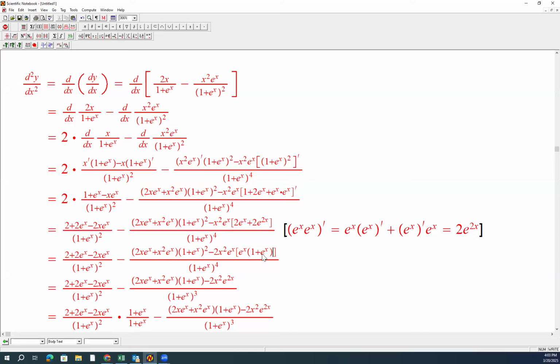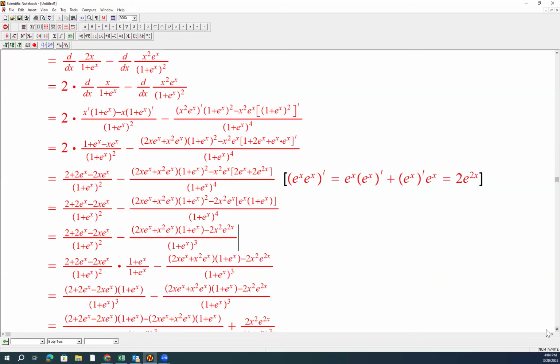And now we have 1 plus e to the power x, and 1 plus e to the power x squared. So now we can reduce 1 plus e to the power x. So on the next step, they stay the same. This becomes power 3, and 1 plus e to the power x is gone. And there were 2, 1 plus e to the power x squared, so we have 1 more left. We came to this point.